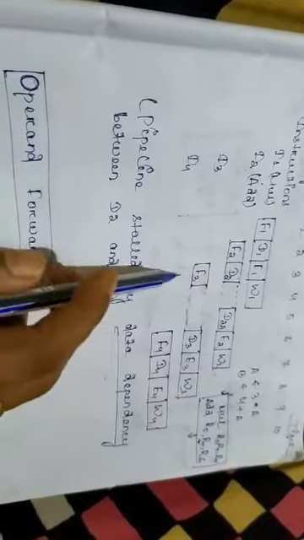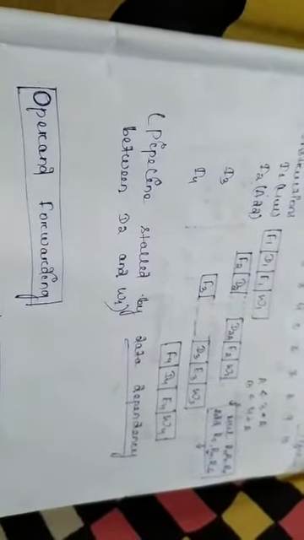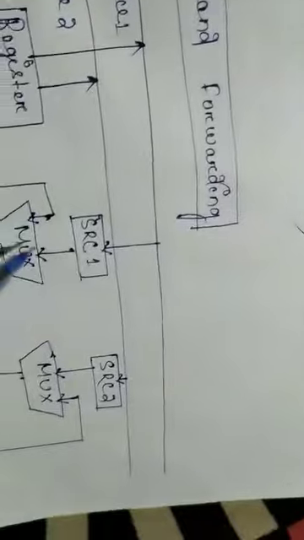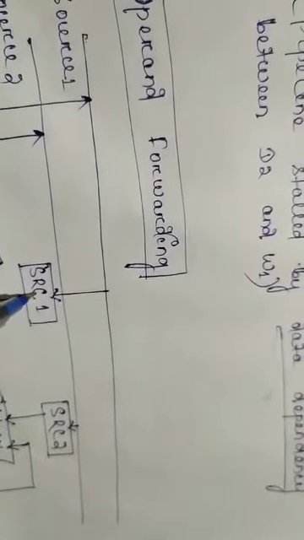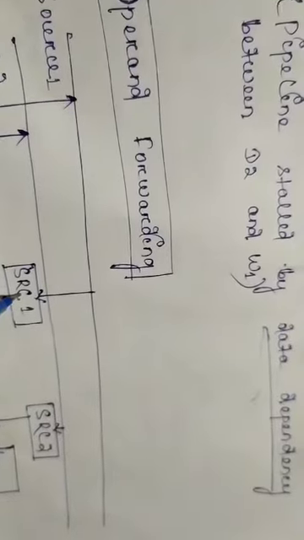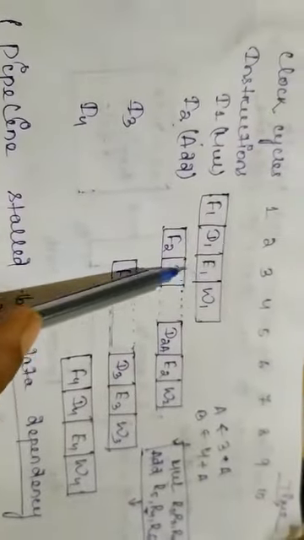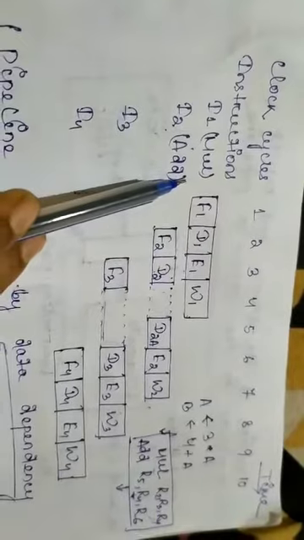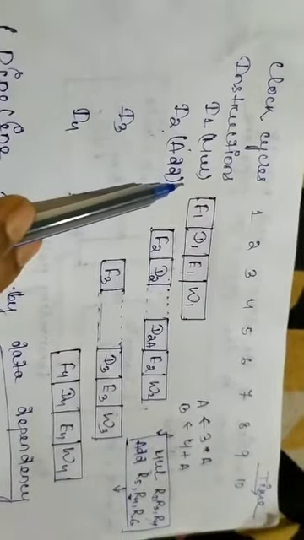The operand not involved in the dependency, register R2, is read and loaded into register SRC1, actually source 1, in clock cycle 3. In the next clock cycle, the product produced by instruction I1 is available in register result.